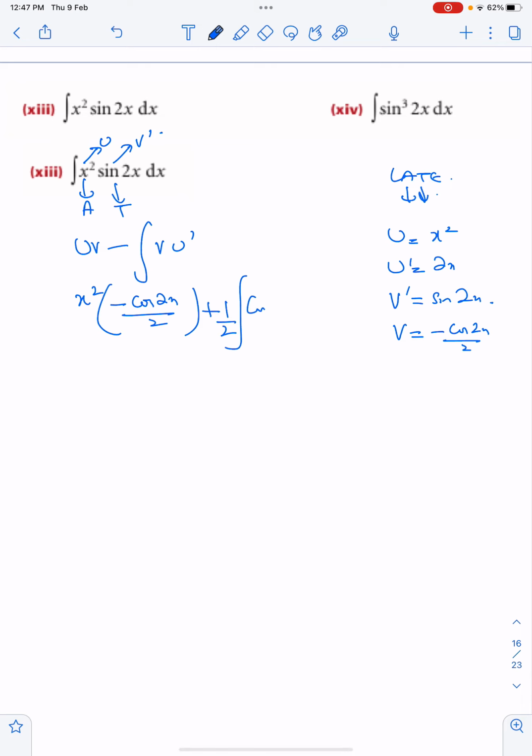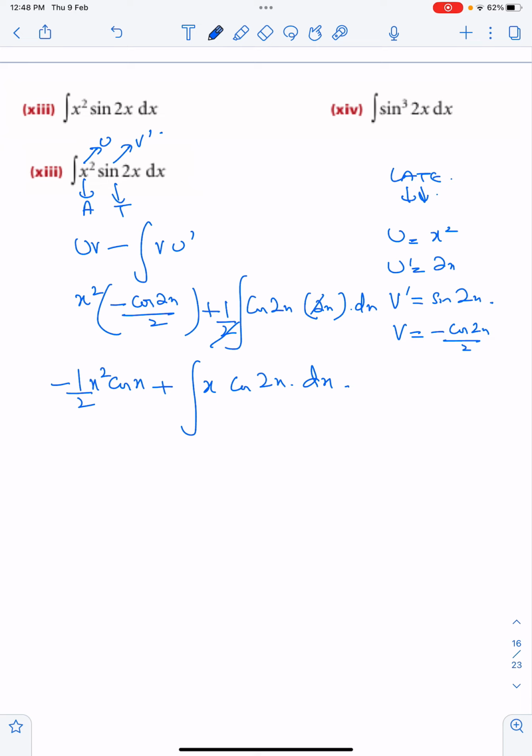I'll be left with cos of 2x here into u dash. u dash is 2x. This 2 and 2 can also cancel out, so you're left with minus 1 upon 2 x squared cos 2x plus integration of x cos 2x dx.